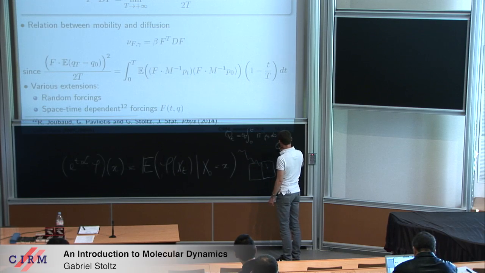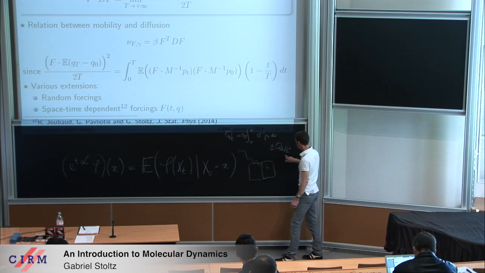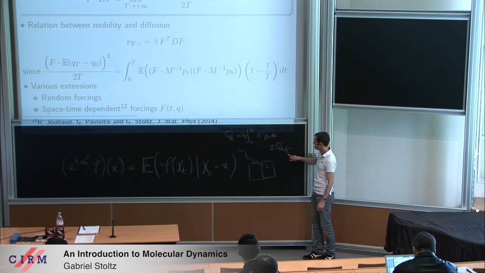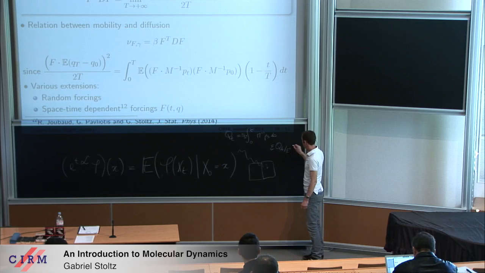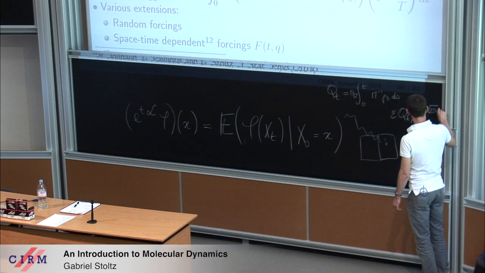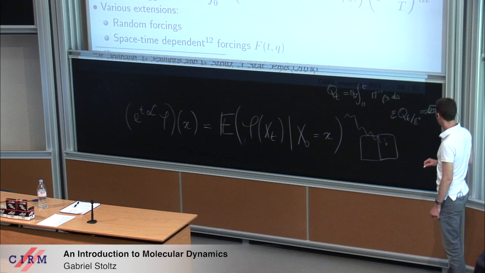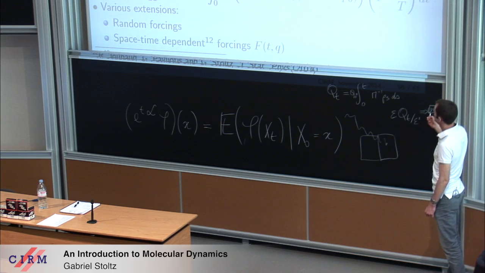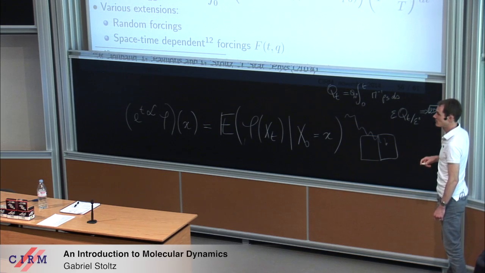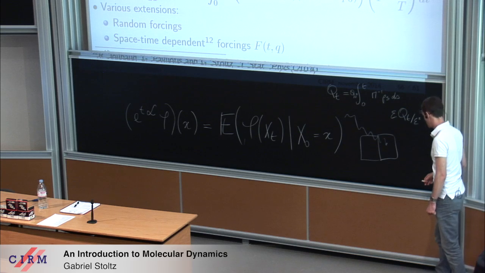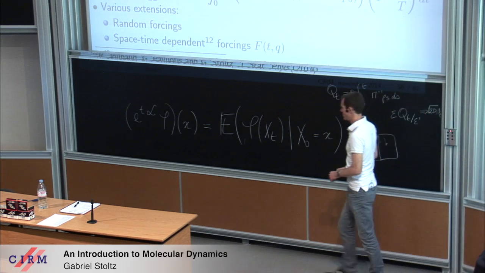And so when you look at that over diffusively long time scales, like t over epsilon squared, and you rescale by epsilon, this weakly converges to square root of 2D dB_t, B_t, sorry. Which means that this converges weakly to an effective Brownian motion whose covariance matrix would be given by D. So that's really the way it works.